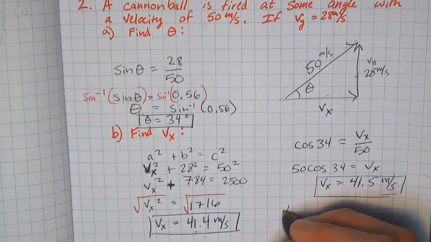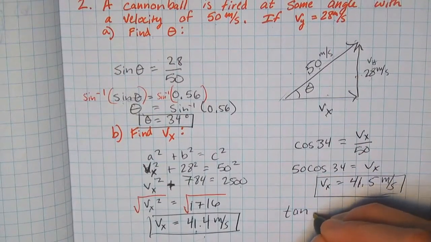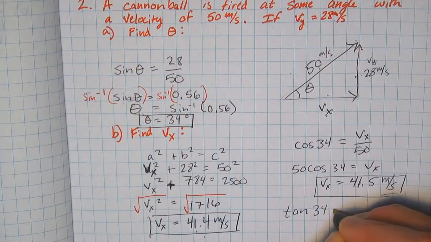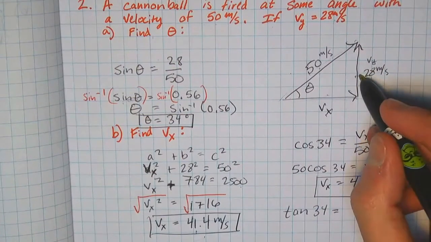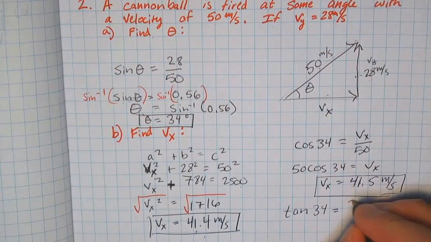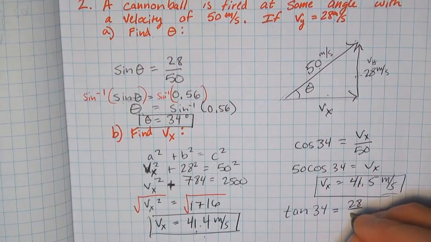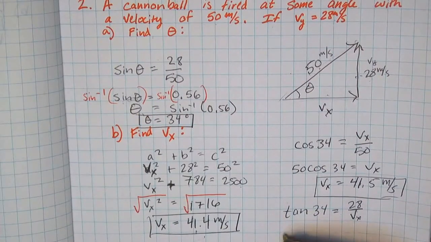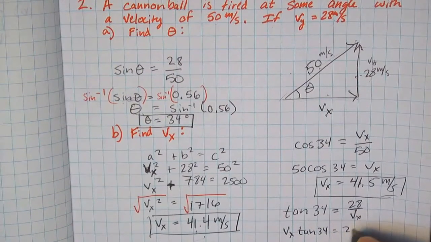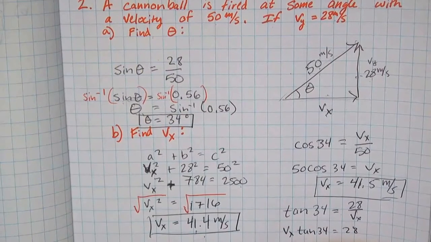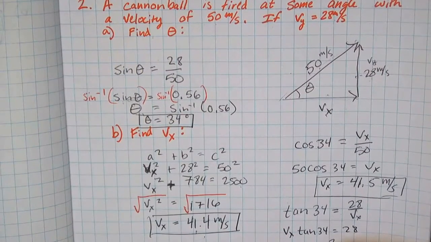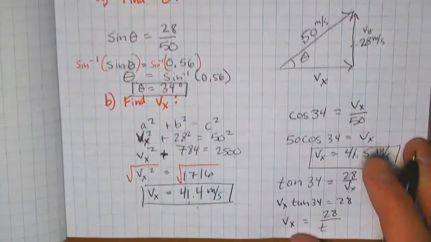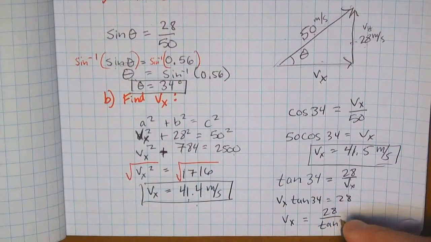You also could have done tangent. So these are all options for how you could have done it. Tangent of 34 degrees, tangent is opposite over adjacent, so that would have been 28 over Vx. You move the x over here, so tangent 34 is equal to 28 over Vx, and then divide the tangent over, so Vx is equal to 28 divided by tangent of 34.